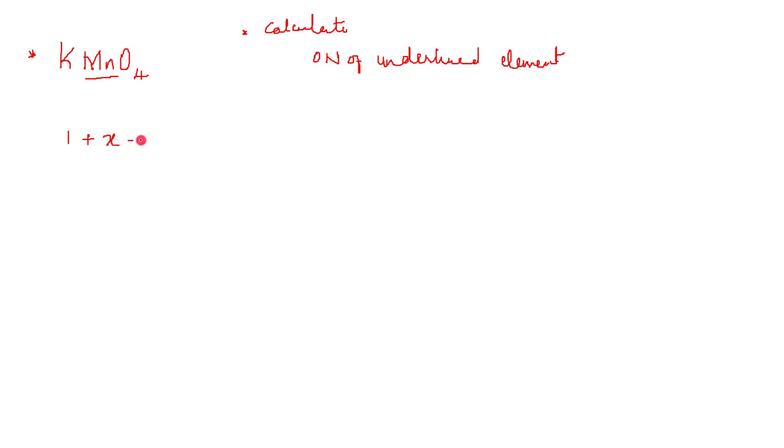Plus, how many oxygen atoms are there? 4, multiplied by the oxidation number of oxygen, which is always -2 in all its compounds. This is how you substitute their oxidation numbers.